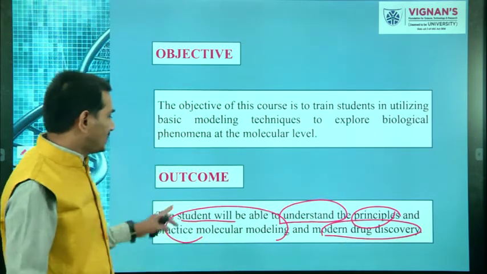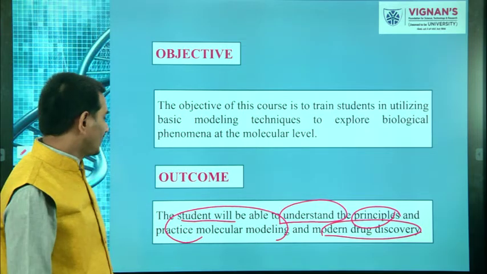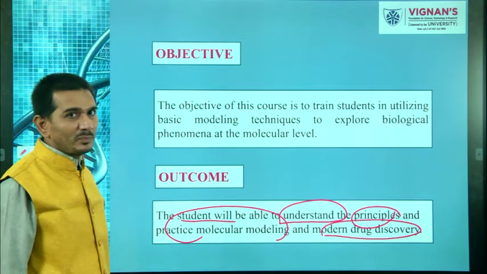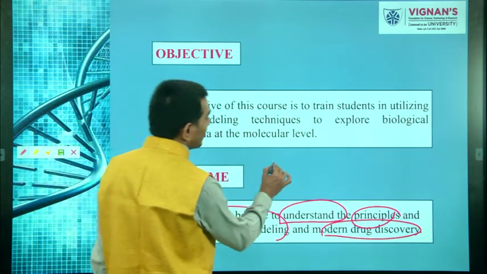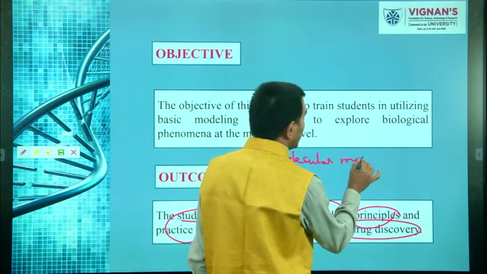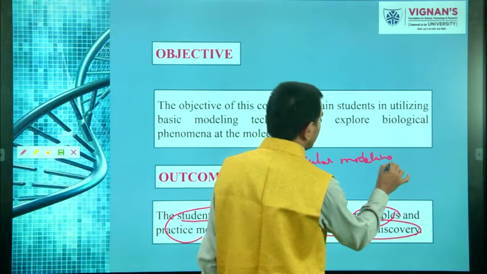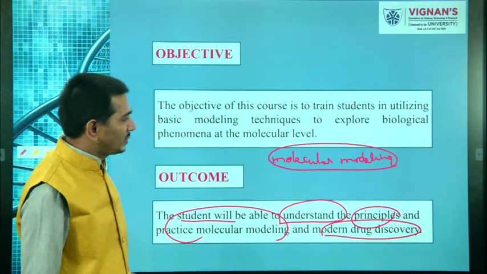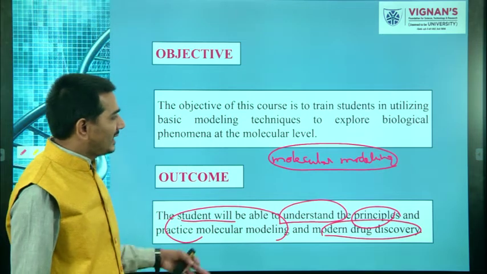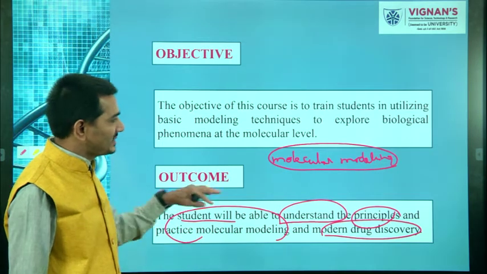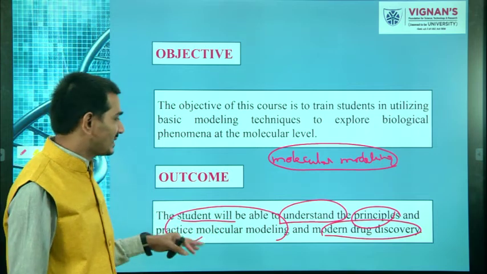The student will understand the principle behind molecular modeling, be trained in the technique, learn how to retrieve data from the database, and apply that data in molecular modeling software.